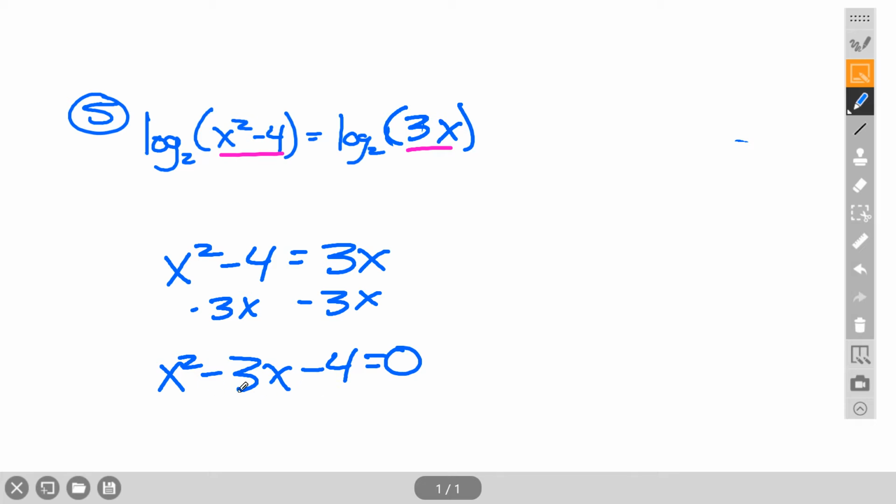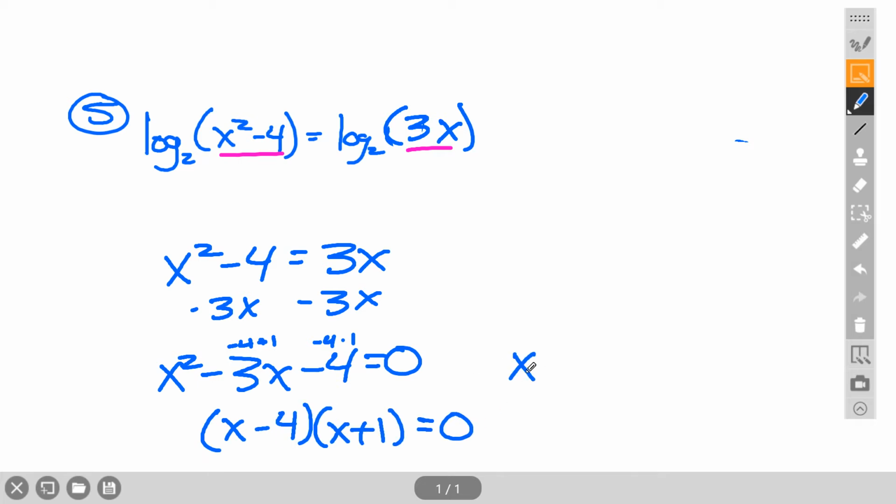So we're looking for numbers that multiply to negative 4 and add to negative 3. And that would be negative 4 and 1. Negative 4 times 1 is negative 4. Negative 4 plus 1 is negative 3. So this is x minus 4, x plus 1. So our solutions would be 4 and negative 1.